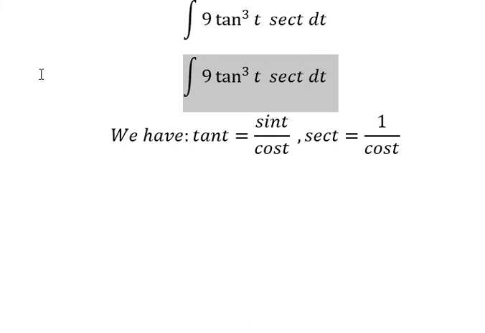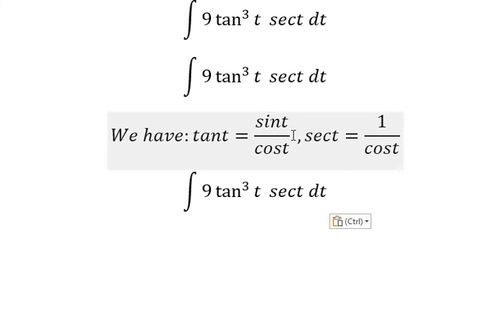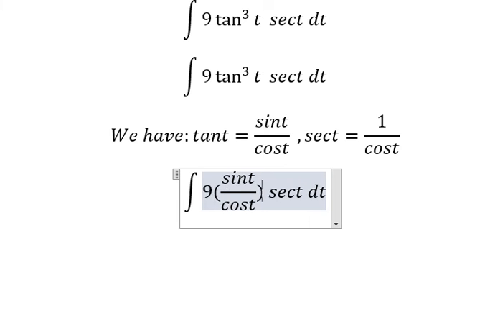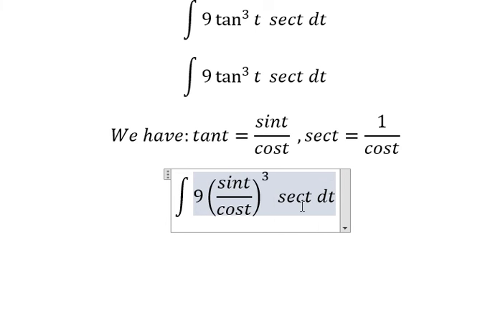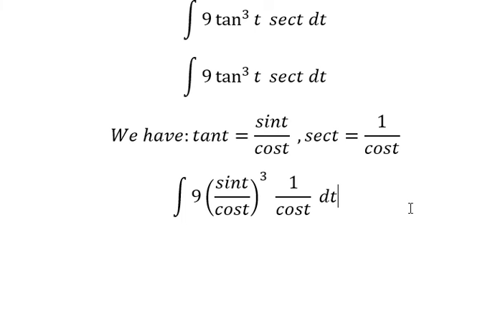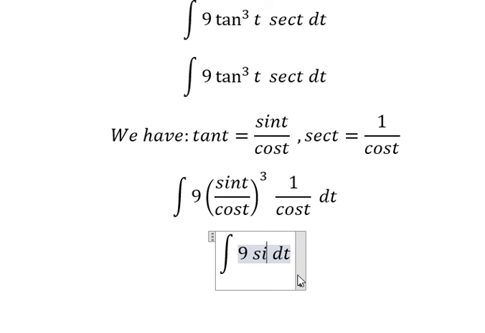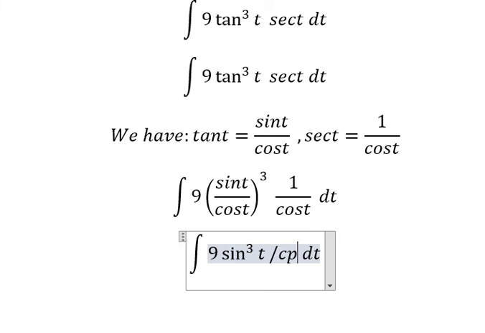So we put this one going here. Secant of t, we change by this one. Now we need to combine, and we have sin t to the power of 3 over cosine t to the power of 4.